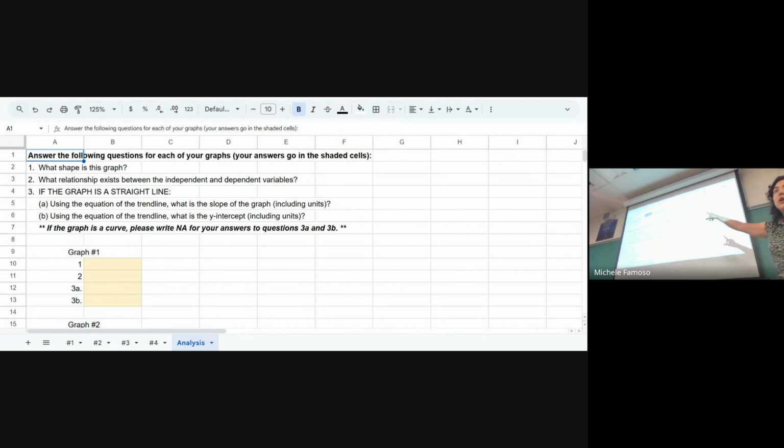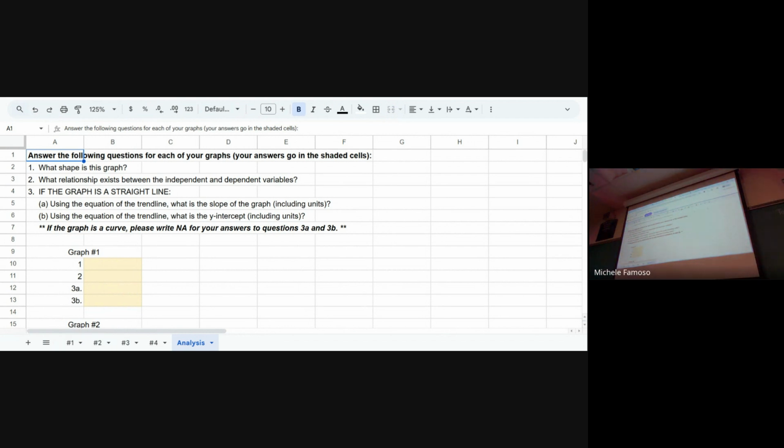And it tells you that your answers are going to go in the shaded cells. These are the questions you're going to answer. Question 1 for each graph is what's the shape? Question 2 for each graph is what's the relationship? Question 3, you will only answer if the graph is a straight line. If it's not, you're going to put NA.